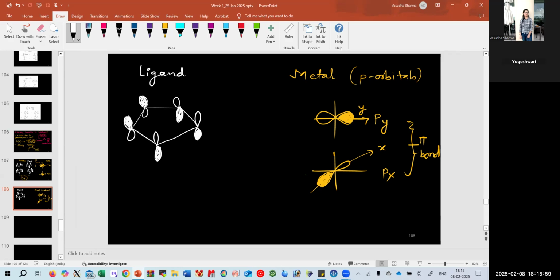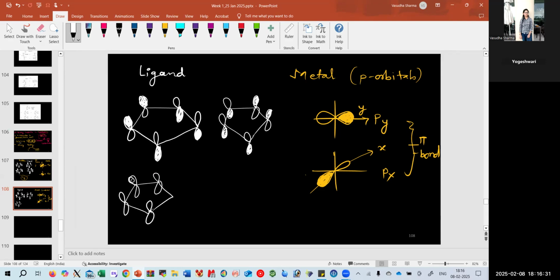And the other category that you have already seen, or we have where only 4 carbons are participating.